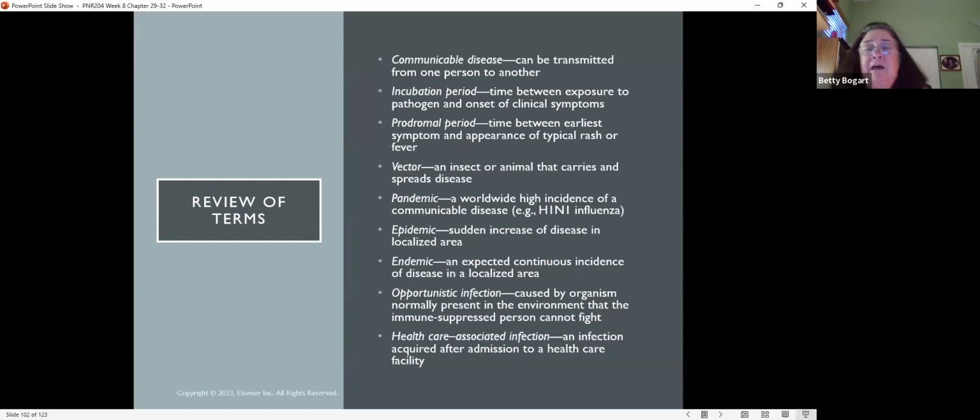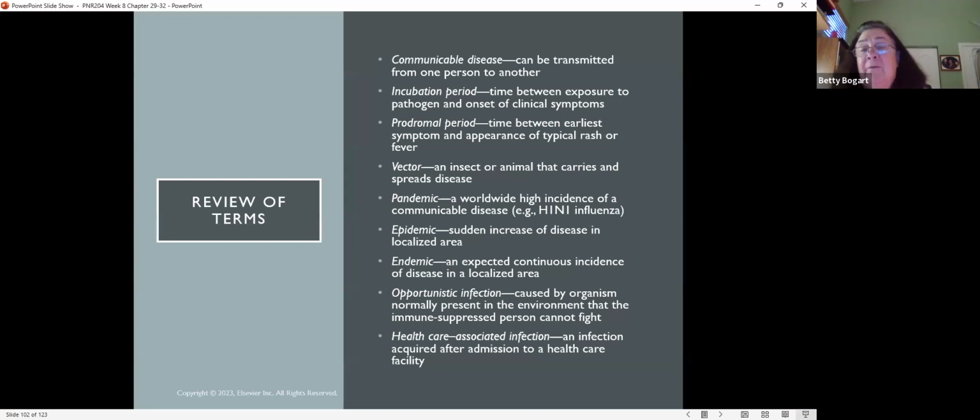Incubation period is the time between exposure and when the clinical symptoms appear. I talk about that with prodromal, with chickenpox, because there's a time where I've been exposed and I don't show anything. And prodromal is that earliest symptom or the appearance of the rash, okay? So that's how I remember them.